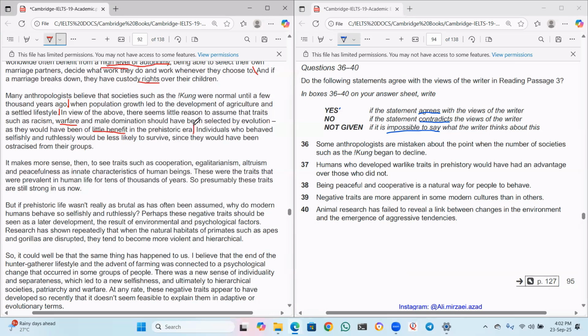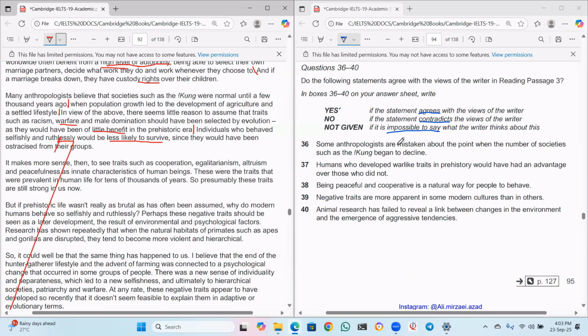Now, individuals who behaved selfishly and ruthlessly would be less likely to survive since they would have been ostracized from their groups. Okay. Ostracized means expelling, exiling them. Right.